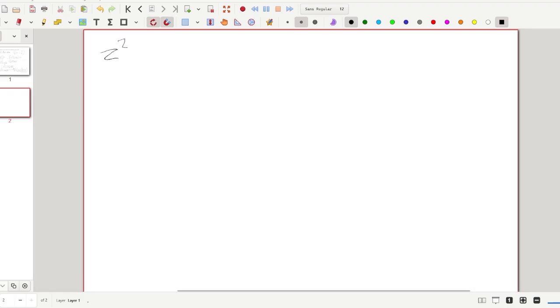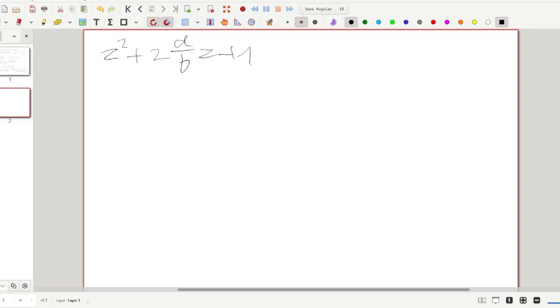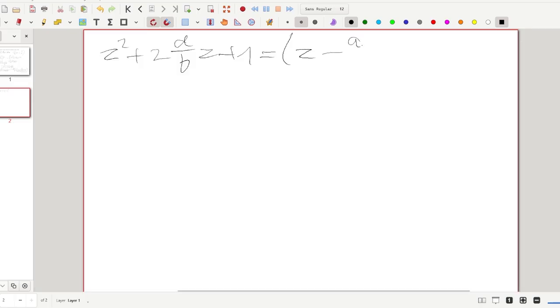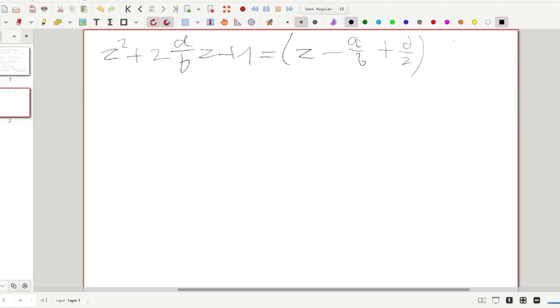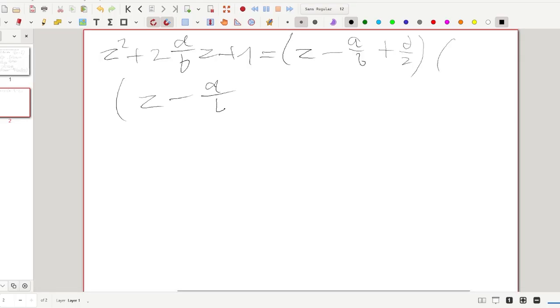So when factorizing z squared plus 2 a over b times z plus 1, the thing about it is then it's gonna look in a form where we have z minus a over b plus some root expression over 2 times z minus a over b minus the same root expression over 2.